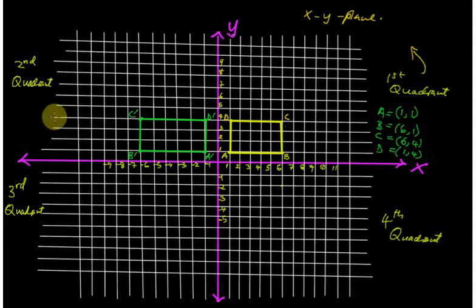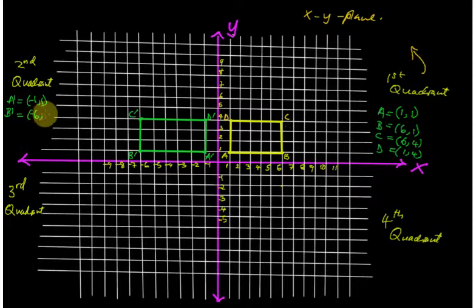Now let us look at the dash, A dash. It is in the second quadrant, so our A dash is negative 1, 1. Our B dash is here, which is negative 6. Mind you, negative 7 is here, so negative 6 is here: negative 6, 1.